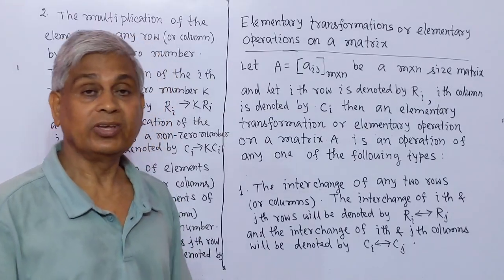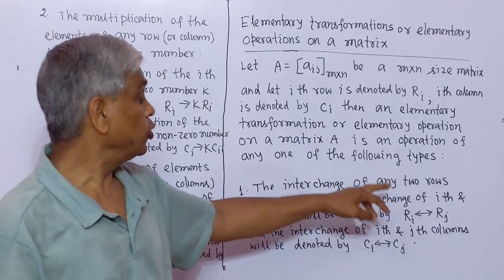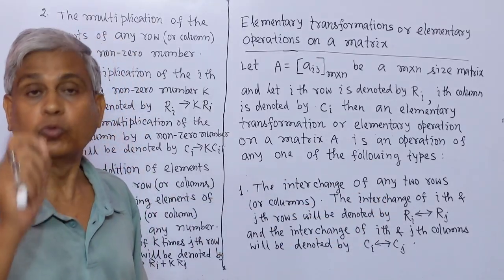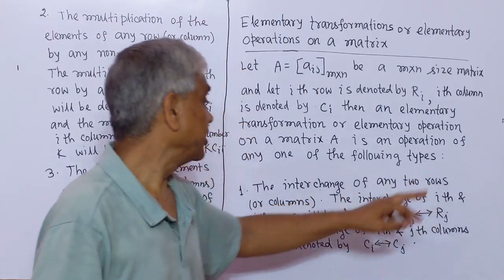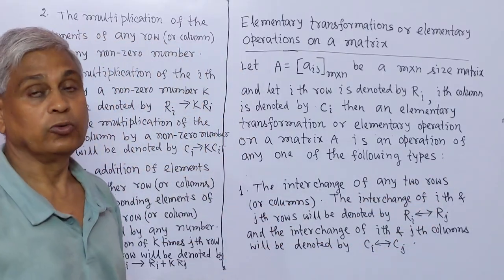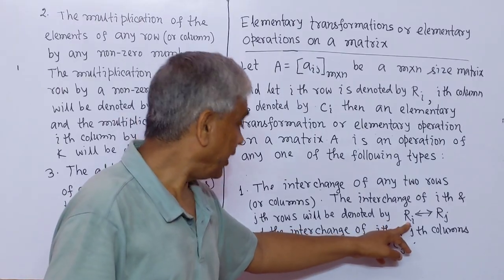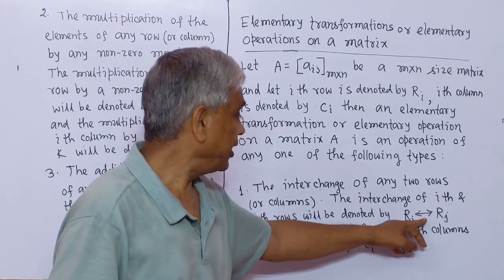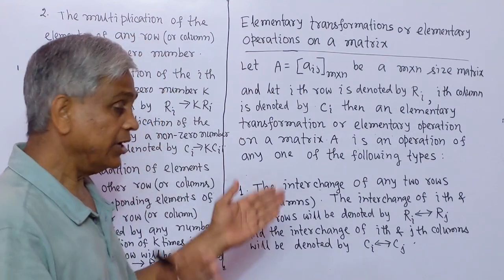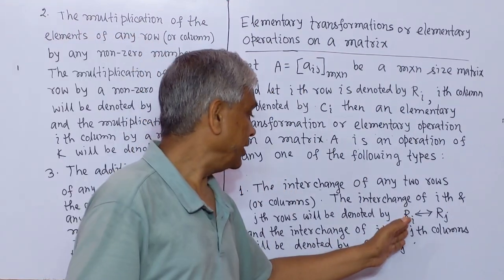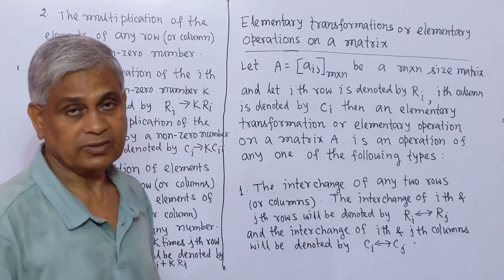Number 1 is the interchange of any two rows or any two columns. The interchange of ith and jth rows will be denoted by Ri ⟺ Rj, which means we interchange the ith row and the jth row of the matrix.